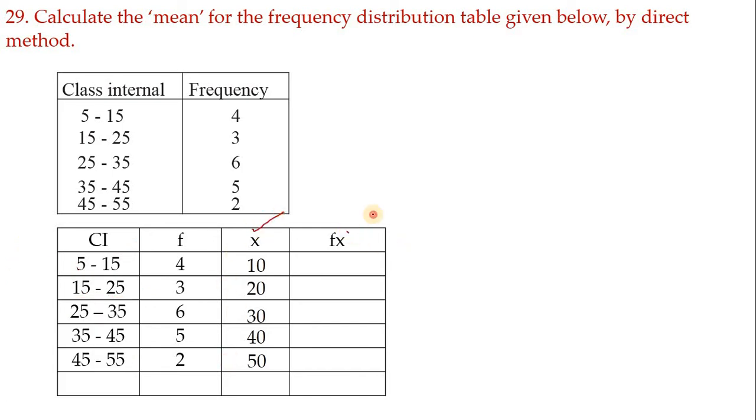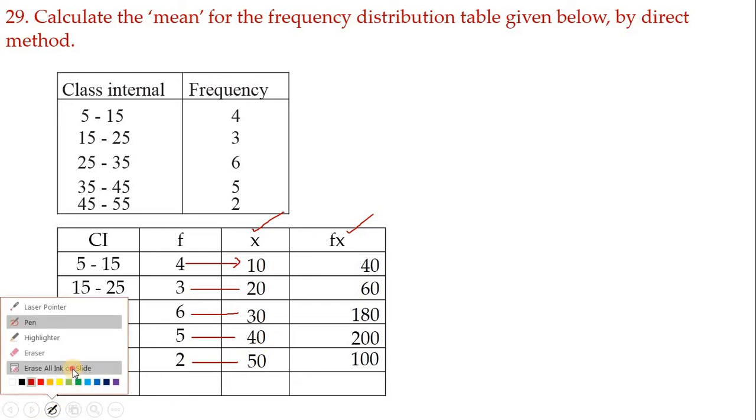Next we have to find fx. So fx means f multiplied by x, here 4 multiplied by 10. So 4 tens are 40, 3 twenties are 60, 6 thirties are 180, 5 forties are 200, 2 fifties are 100. Now the table is ready.